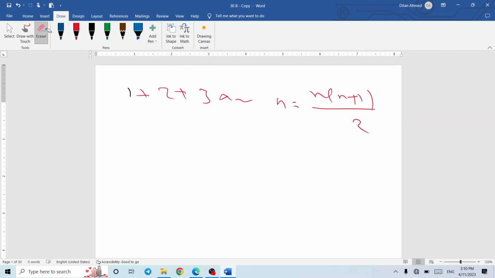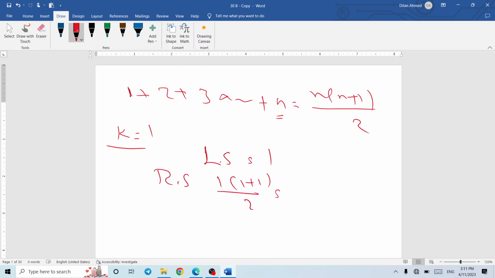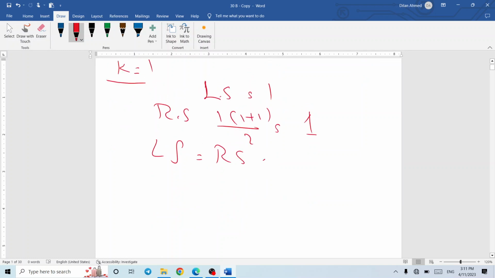So I solve it one by one. Now I say let k be 1, make it k here. On the left side we have only 1. On the right side, 1 plus 1 over 2 is equal to 1. Left side is equal to right side. Good, this is the basic step.